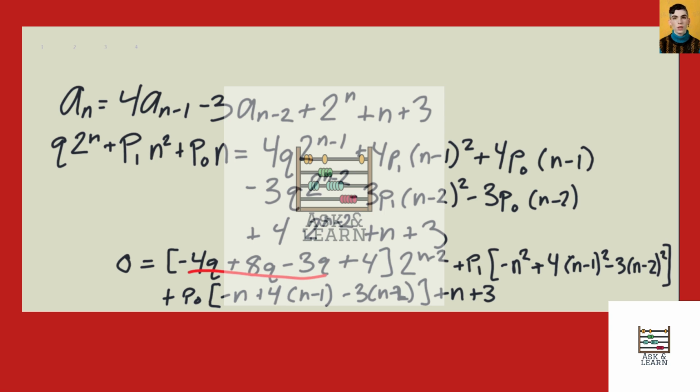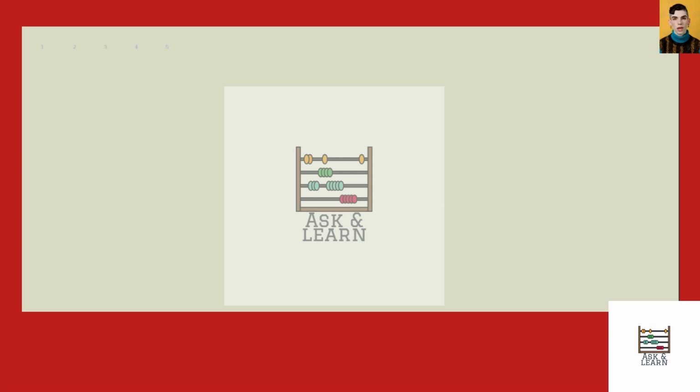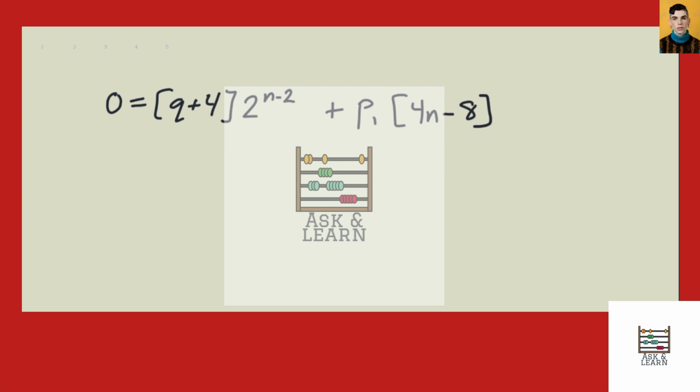And so we simplify that, we end up with 0 being equal to (q plus 4) times 2 to the power of n minus 2, plus p1 times (4n minus 8), plus 2 times p naught plus n plus 3.